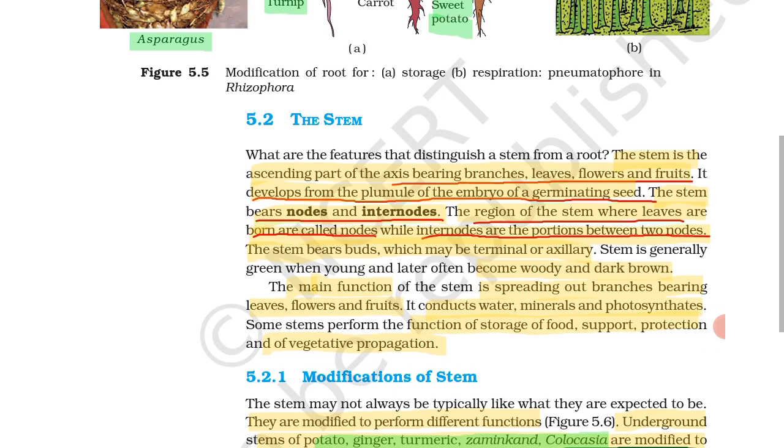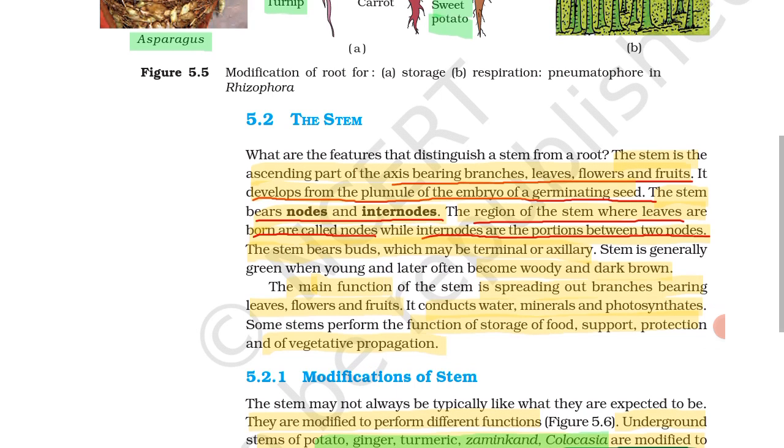So let's revise. Stem is an ascending part bearing branches, leaves, fruits, flowers, etc. It develops from plumule of embryo of germinating seed. It bears nodes and internodes. A region of stem where leaves are born is called nodes, while internodes are the portion between two nodes. The stem bears buds which may be terminal or axillary.